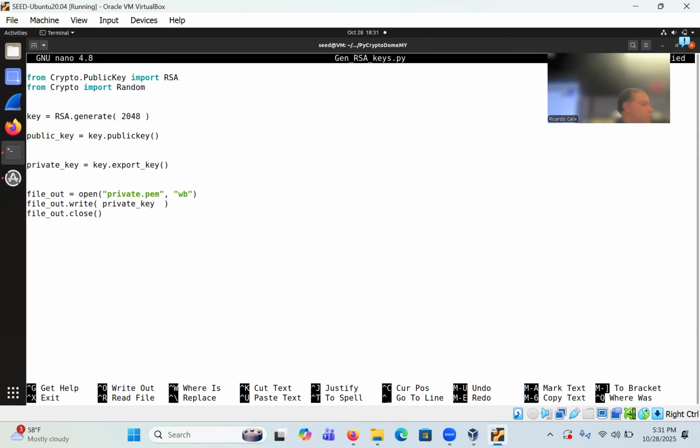Yeah, it's one word. So key dot public key, and then you'll say dot export key. Okay. So now you have the public key also. All right, and then we should be ready to write it out.